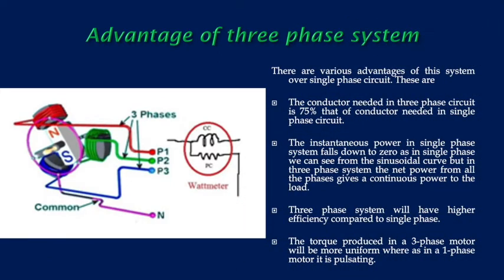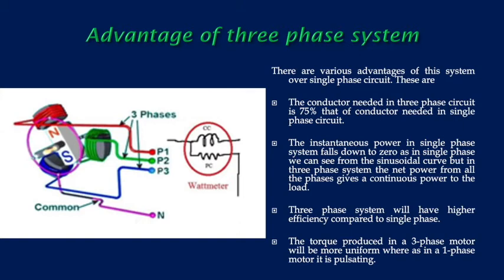There are two types of systems available in electrical circuits: single phase and three phase. In single phase circuits, there will be only one phase. That is, the current will flow through only one wire, and there will be one return path called the neutral line to complete the circuit.